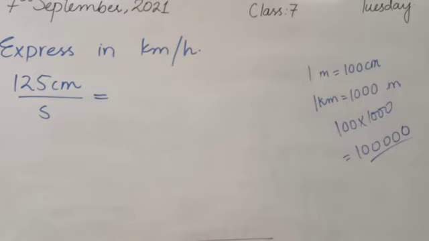We'll divide 125 with 100,000 and convert second in the same pattern, and then we'll simplify, and after simplification we'll get the answer in kilometer per hour.